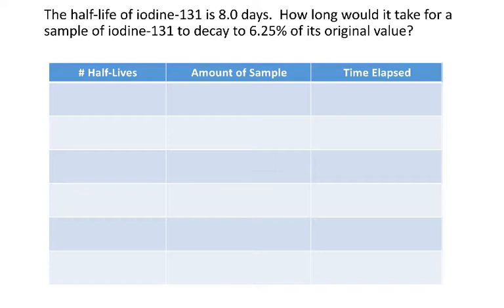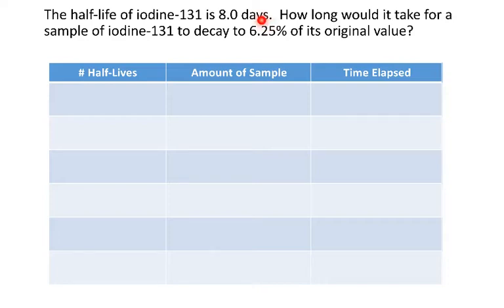All right, in this example, we're working with iodine-131. We're told that it has a half-life of 8 days. And I want to know how long it will take for a sample of iodine-131 to decay to 6.25% of its original value. So in the last problem, they were asking about mass, and they gave us the final time, so we just kept going down until the time elapsed got to the time that they were talking about.